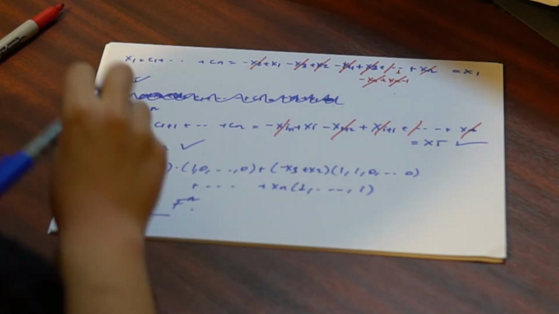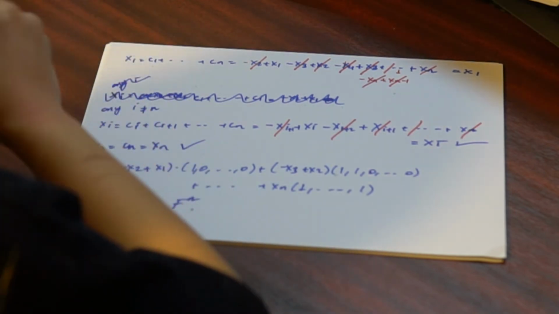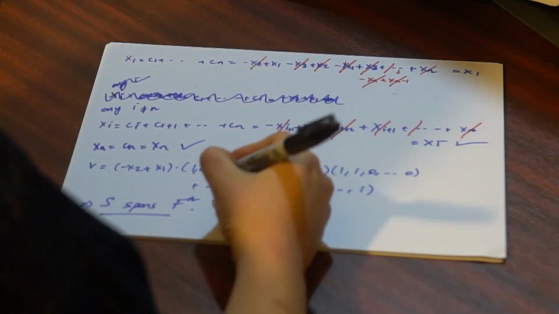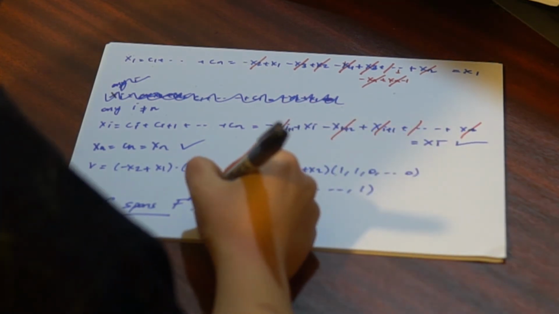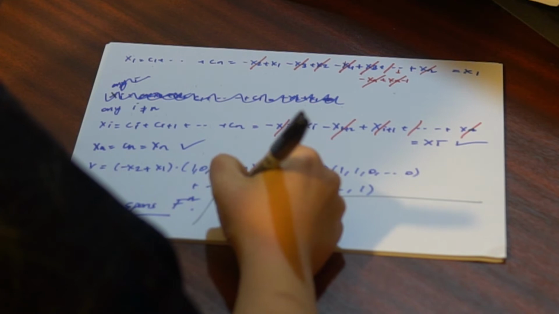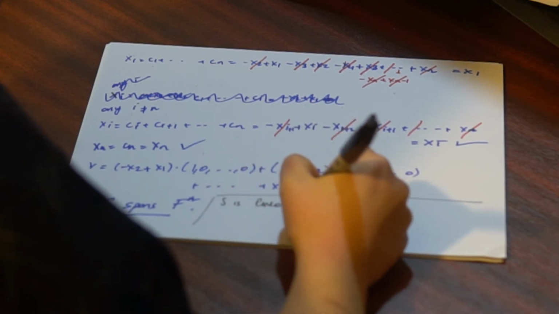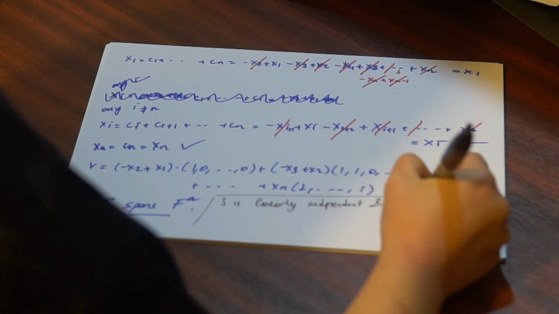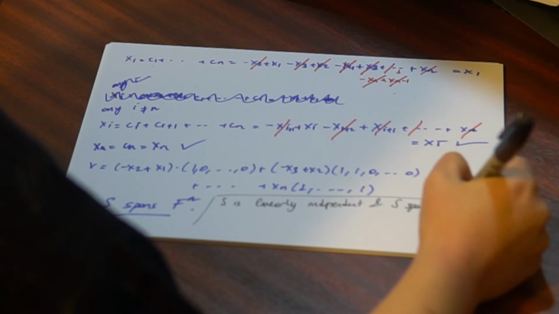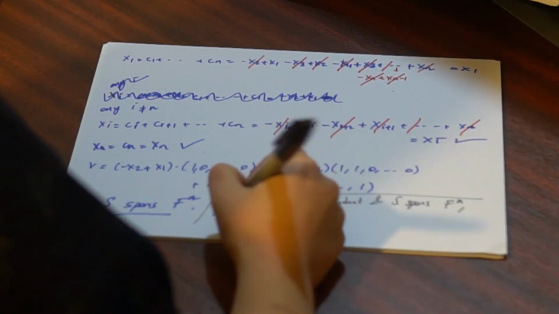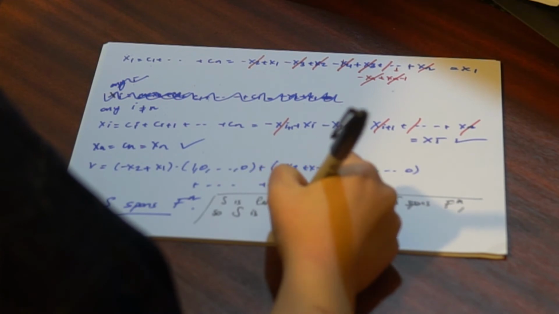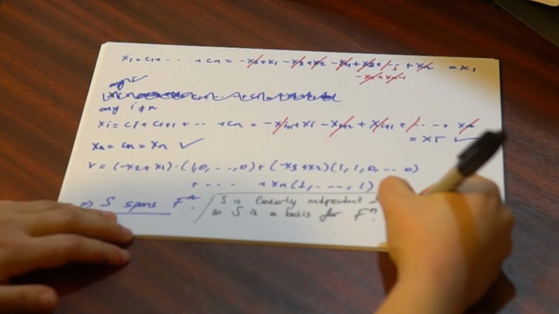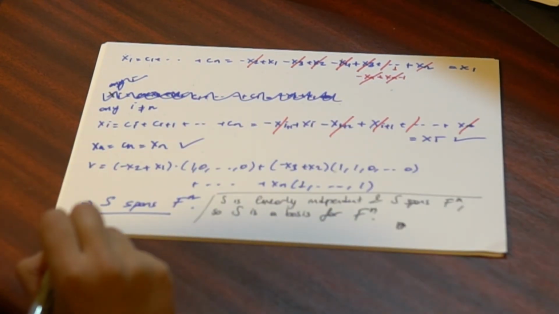Since S spans F^n, and before we checked that S is linearly independent, S is a basis for F^n. S is linearly independent and S spans F^n, so S is a basis for F^n, and this completes the question.